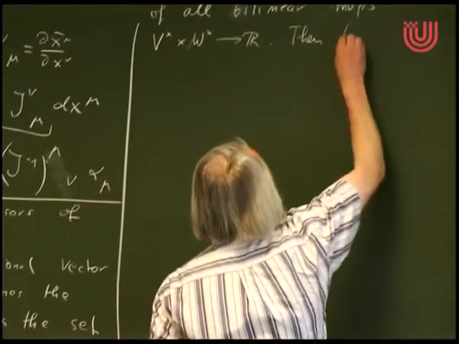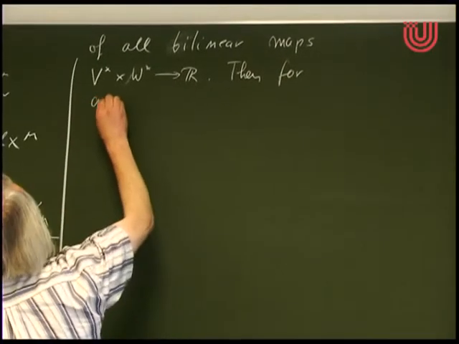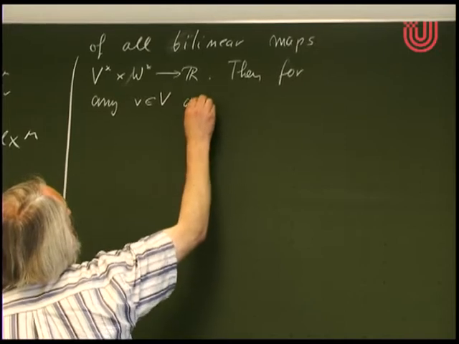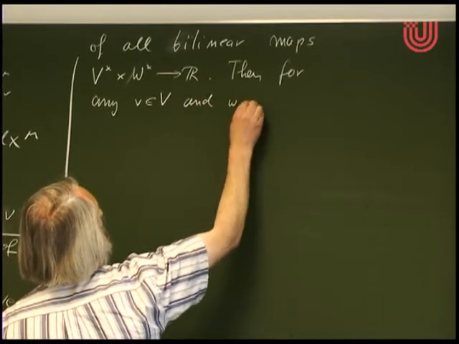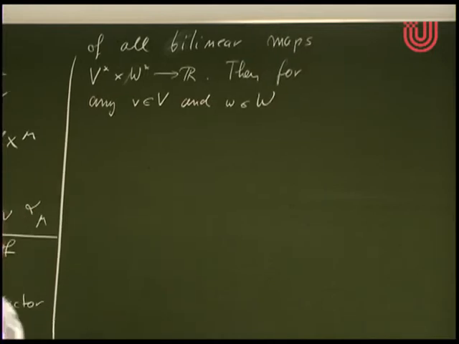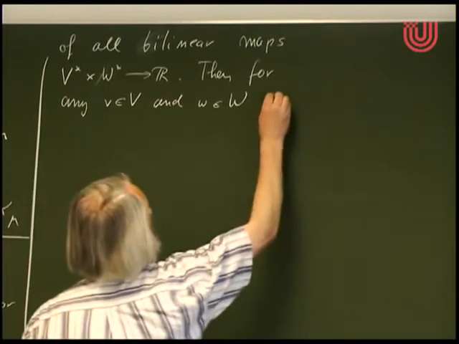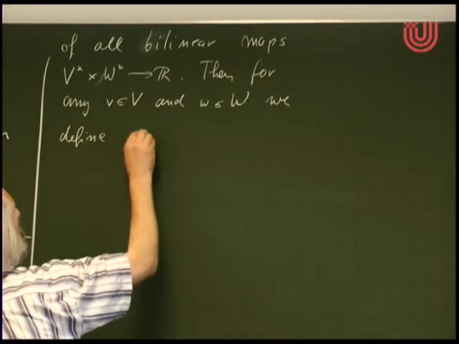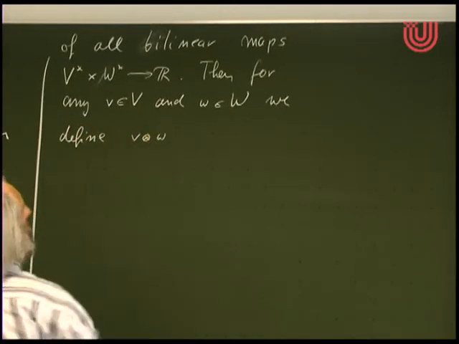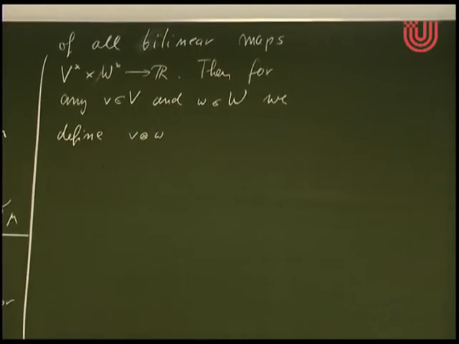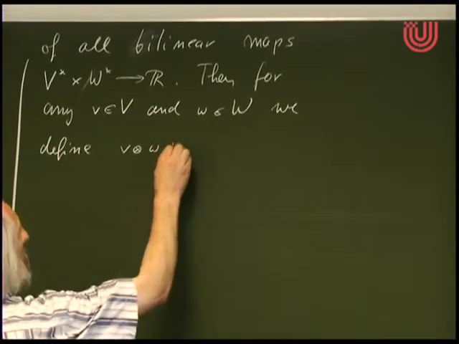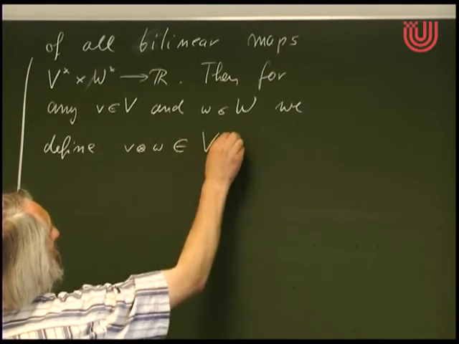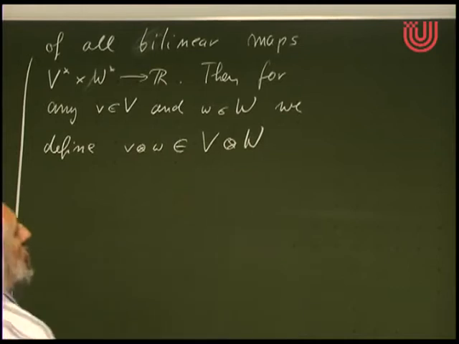Then for any v in V and little w in the space capital W, we define something which is denoted in this way. So it's a tensor product of the two elements, and this is supposed to be an element of the tensor product V tensor W.